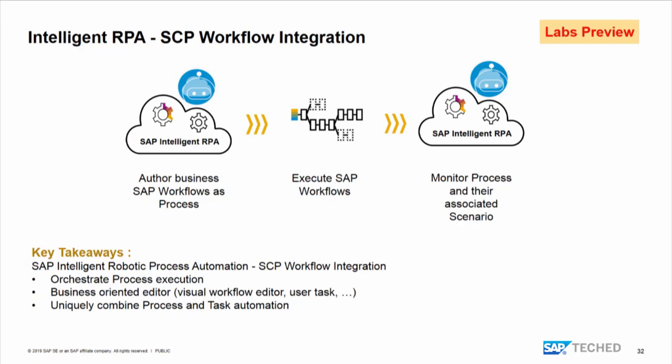While an RPA scenario can in general last 30 seconds or 1 minute. It's very fast and very sharp on the detailed stuff. So it really makes sense to have a long-term process which will trigger RPA scenarios at different stages. And so you have the power of RPA plus the power of BPM.